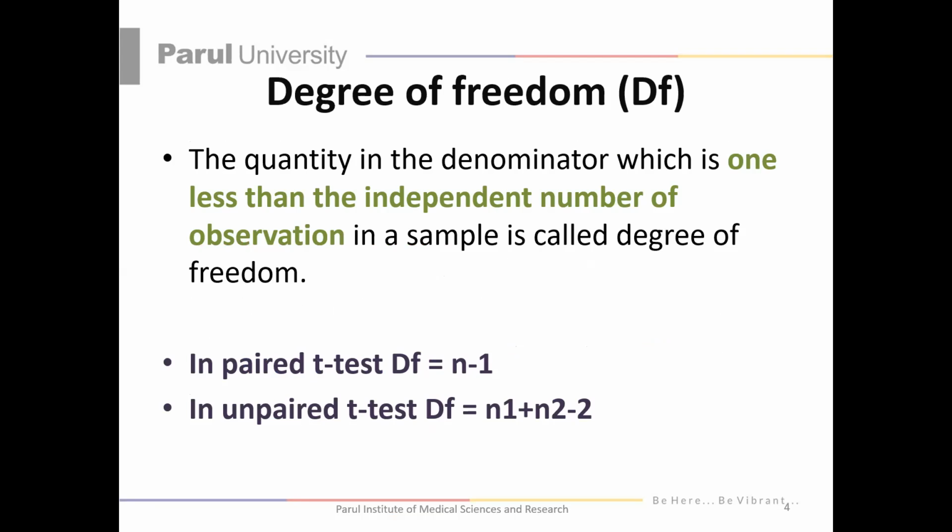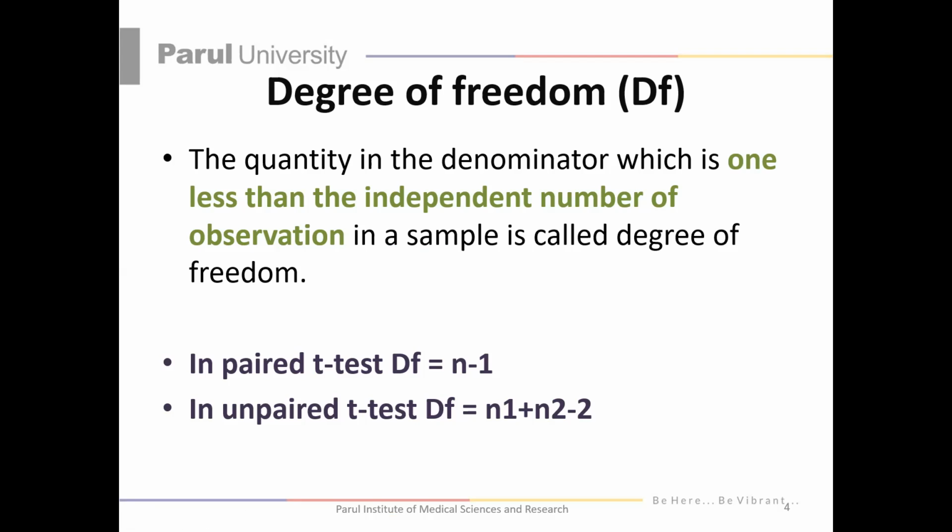Now, what is degree of freedom? The degree of freedom is the quantity in the denominator which is one less than the independent number of observations in a sample. In paired t-test, we have paired data, meaning we have two observations for one single subject.